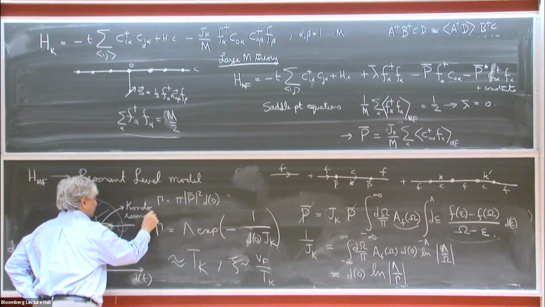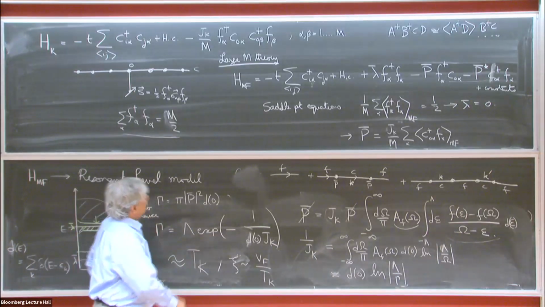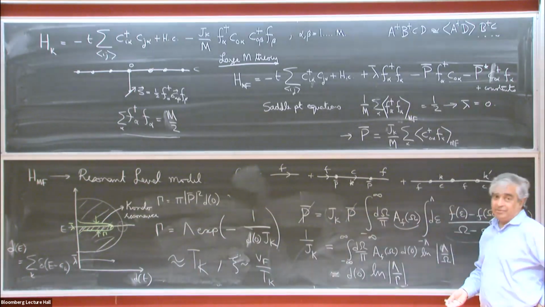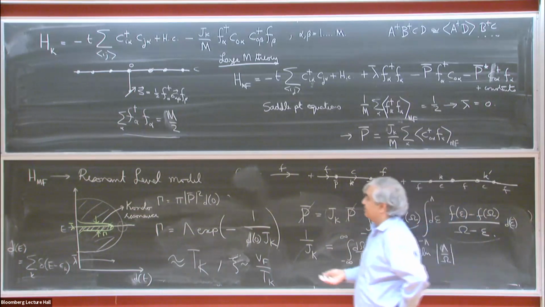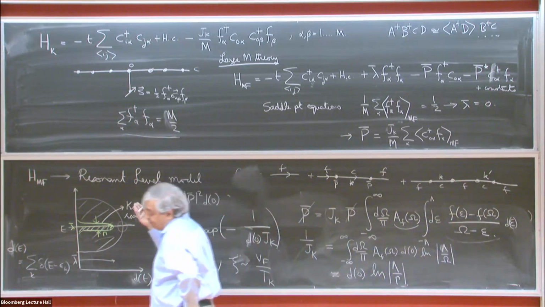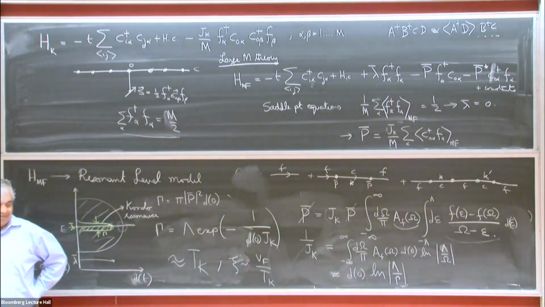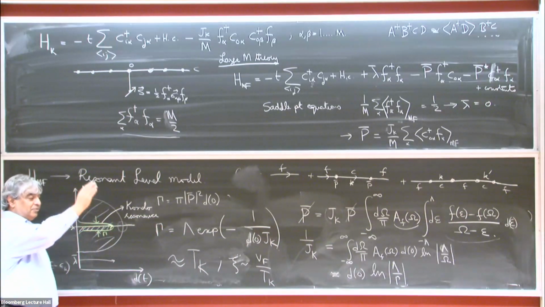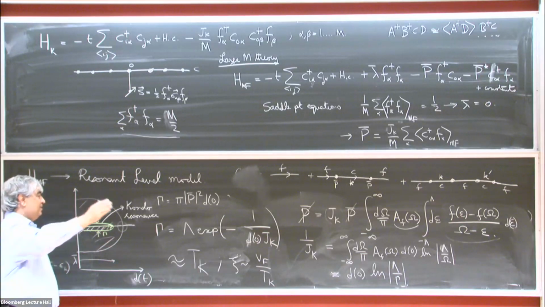So the only difference in the end between the free electron resonant level model and the Kondo resonance is a question of energy scale. In the free electron model, the resonant level has a lifetime which is determined by the tunneling matrix element for the electron to go from the bound state to the continuum.